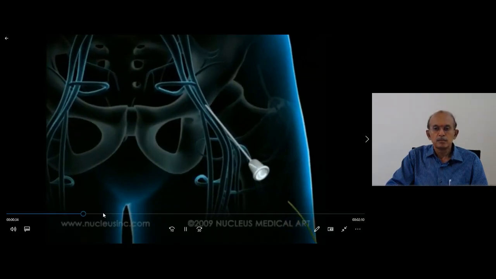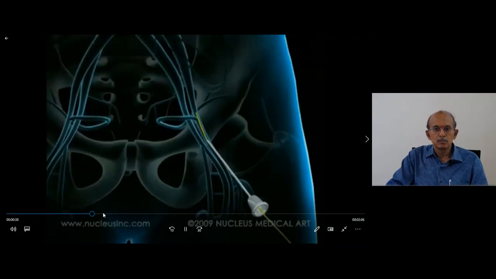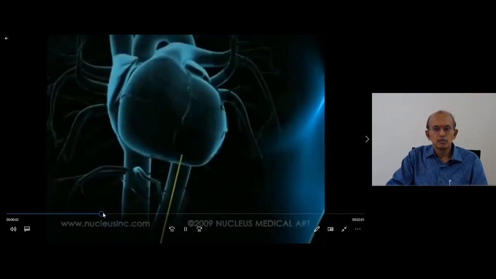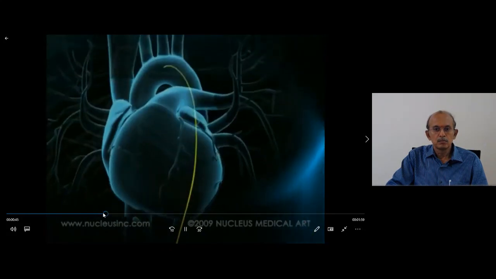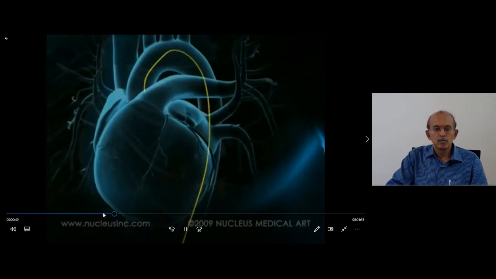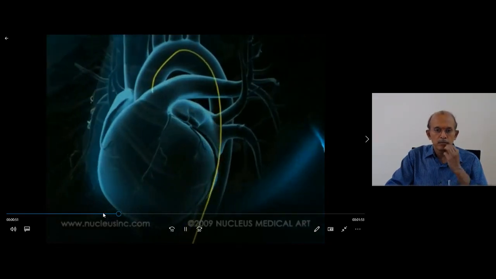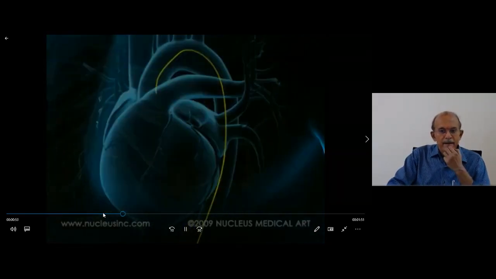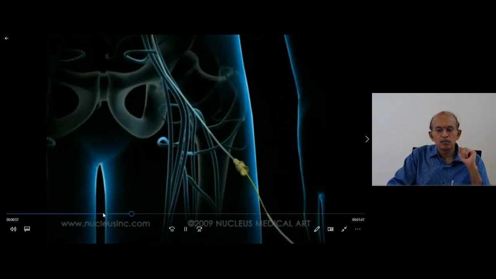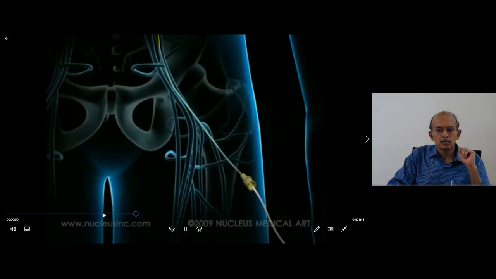Once the needle is placed, a guide wire is passed through the needle and gently guided through the arterial system to the heart. The needle will be withdrawn and exchanged for a small flexible tube called a sheath, permitting access to your femoral artery. At this point, you will be given a blood thinner to reduce the risk of blood clots. Next, a soft, flexible catheter is slipped over the wire and threaded up to the heart.